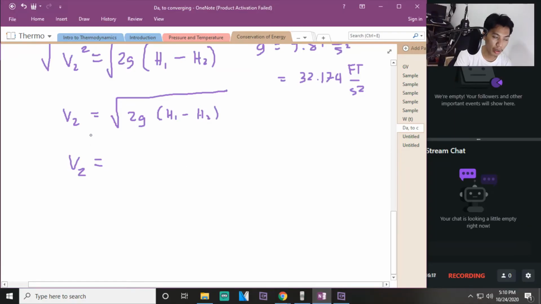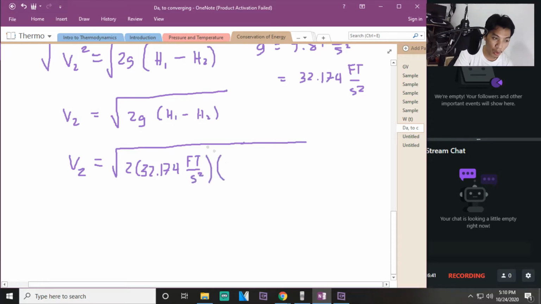May balik tayo dito. In order to solve for V2, V2 is equal to square root ng 2G tapos yung change in enthalpy. Hindi yan height ha. So, square root. Ano ba yung G dyan? That is 32.174 feet per second squared. Ngayon, meron ka ditong H, which is 1187 minus 1041.